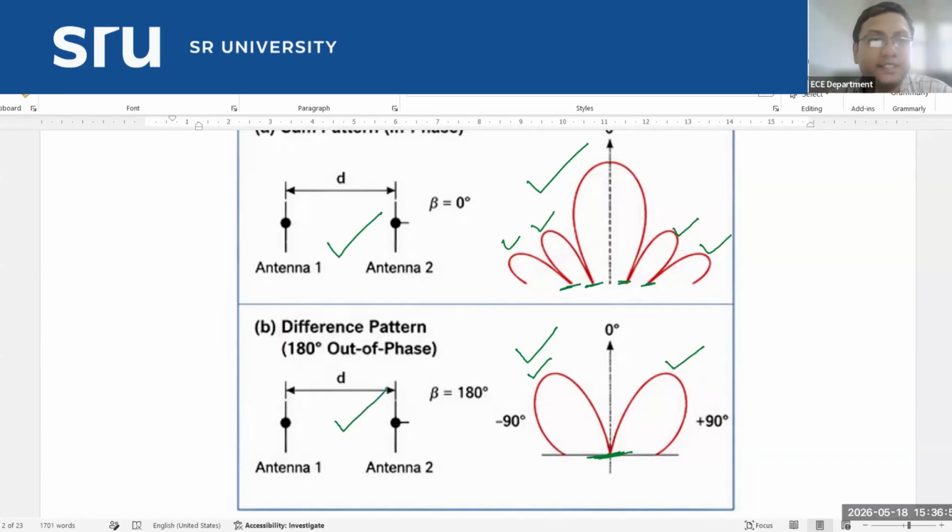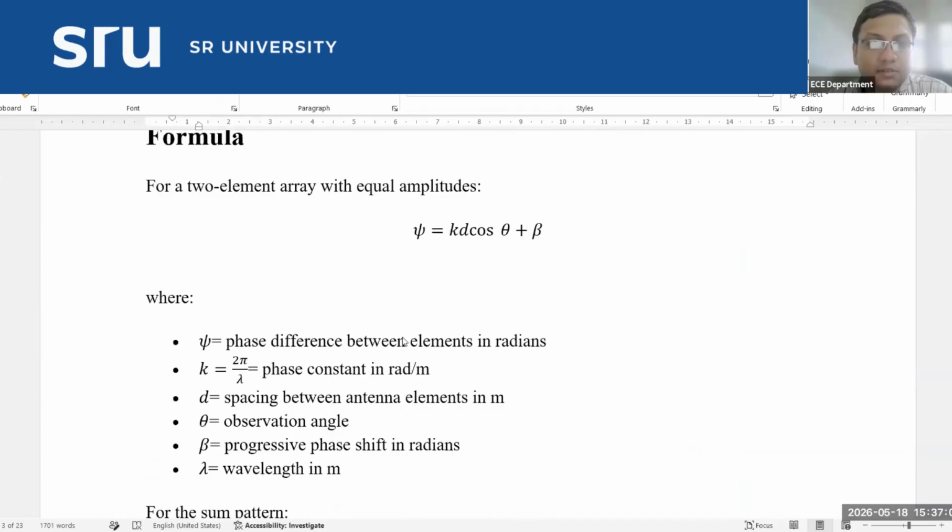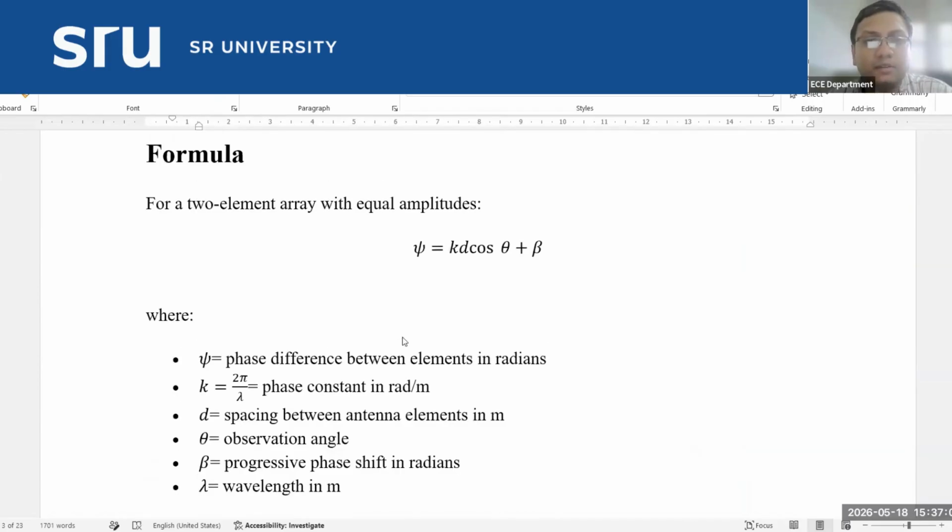Now let us come to the equation, due to which these patterns are getting generated. This is an example for a two-element array. This is a basic array.